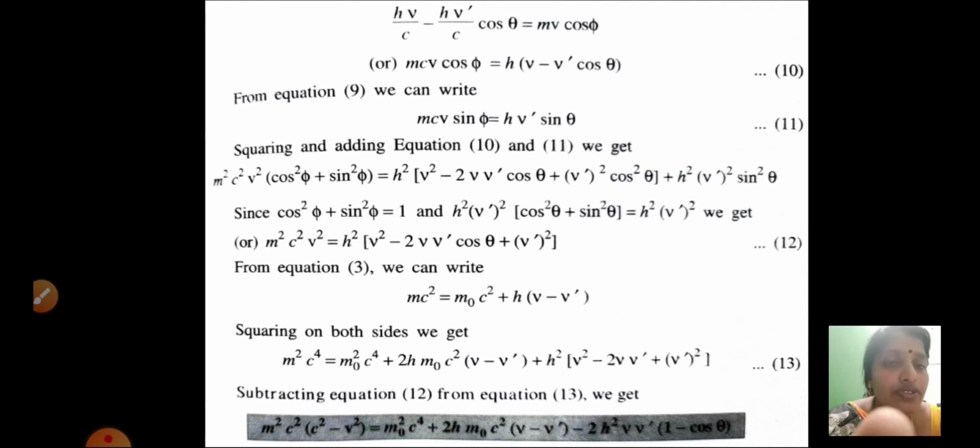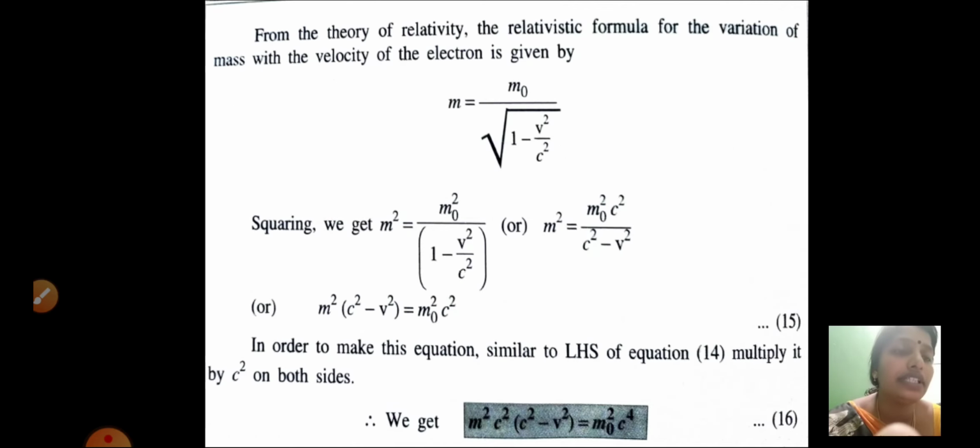This m squared c squared means v squared. In the 14th equation, m naught squared c to the power 4 equal to m naught squared c to the power 4 plus 2h m naught c squared into nu minus nu dash minus 2h squared nu dash into 1 minus cos theta.